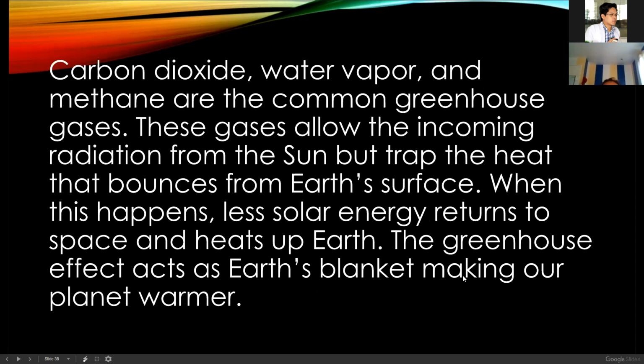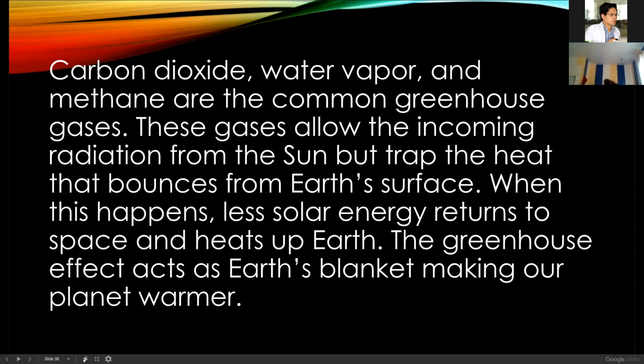Carbon dioxide, water vapor, and methane are the common greenhouse gases. These gases allow the incoming radiation from the sun but trap the heat that bounces from Earth's surface. When this happens, less solar energy returns to space and heats up Earth.